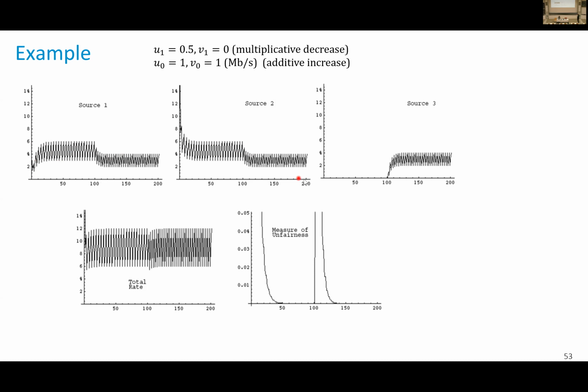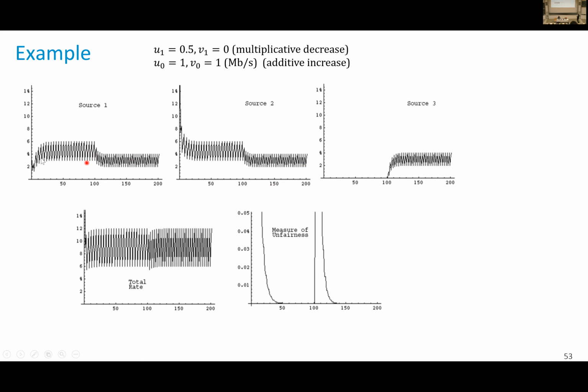We can also observe what happens to a third source that started later, after those two have agreed to share the link fairly. We see that in the long term, they share it fairly. So source 3 was 0 from time 0 to 100. And when it starts, it will also have these oscillations. And these oscillations result in source 2 also decreasing here.